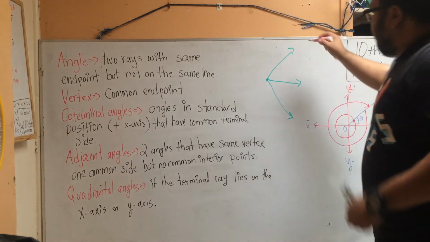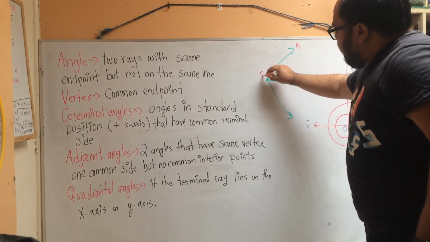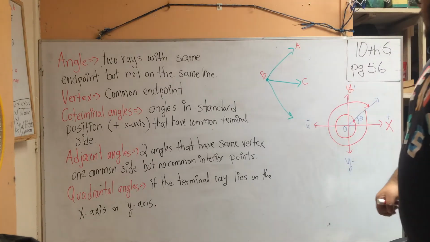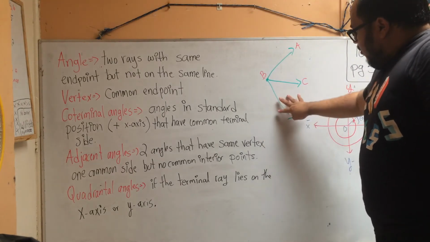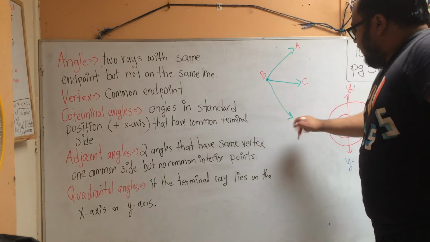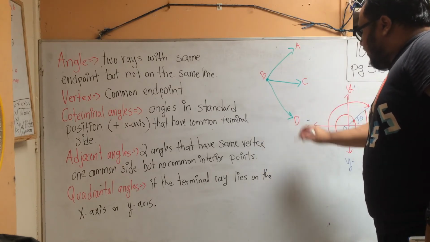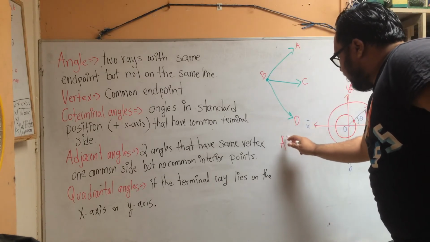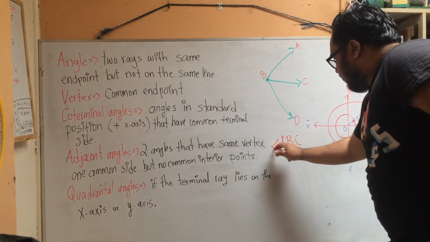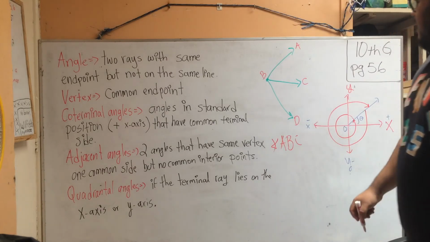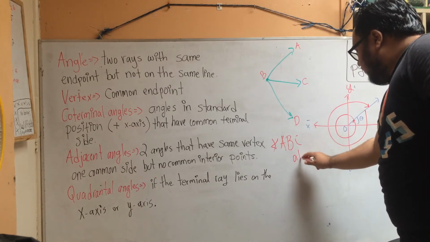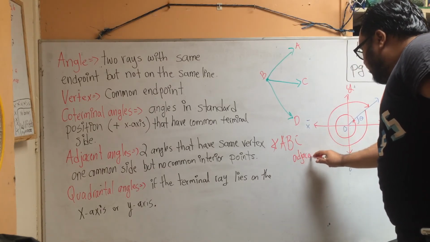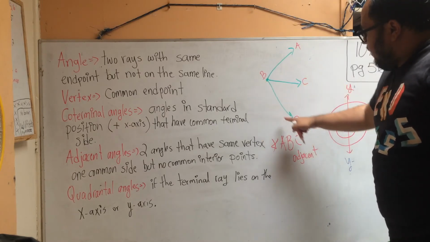So if we have that this one is A, B, and C, this angle in the bottom is CB, and let's put this one as D. So the angle ABC is adjacent to the angle CBD.